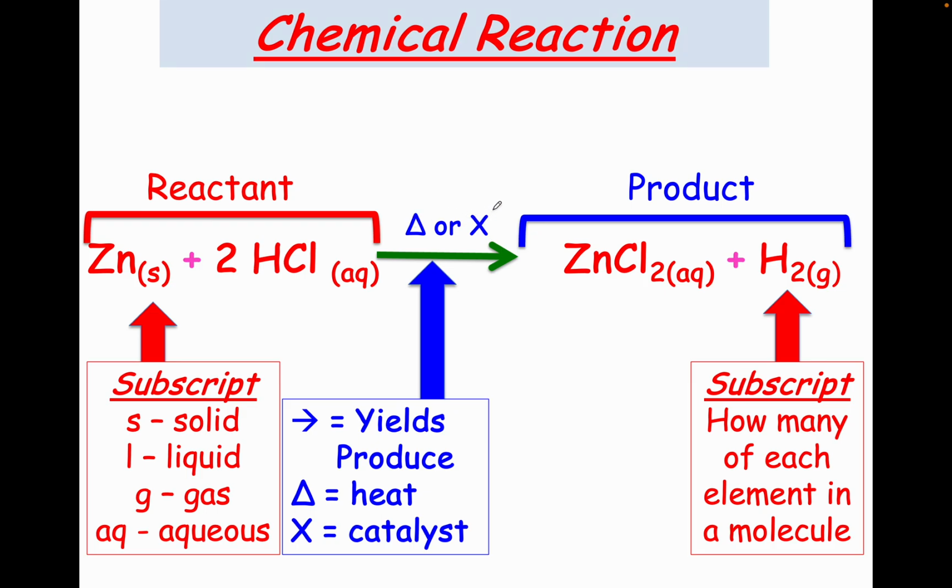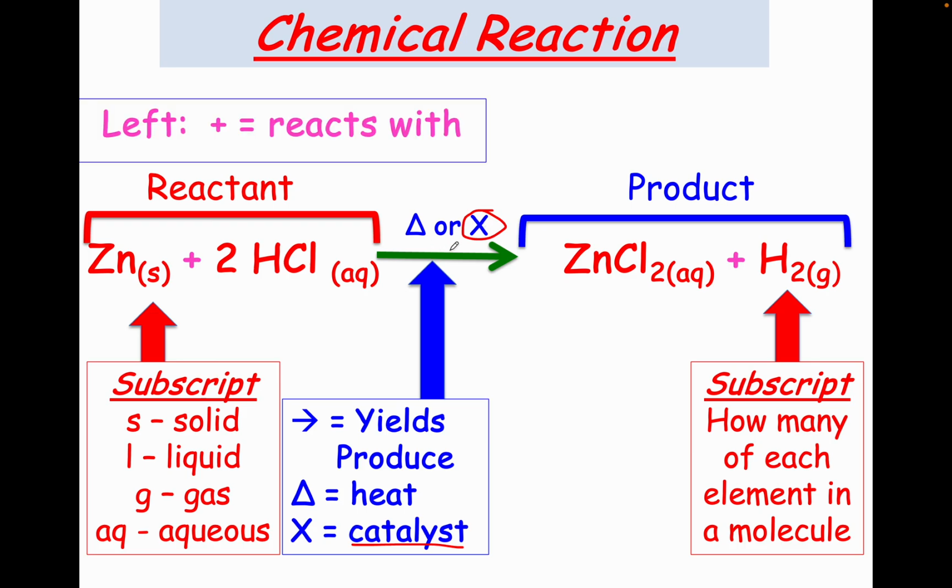Or if you have a chemical symbol, normally we won't write an X, but if you had a chemical formula, something like manganese dioxide or some kind of element, that is used as a catalyst. A catalyst is not actually used up in a reaction, so it doesn't belong on the left or the right side, so it does make sense to put it in the middle. The plus signs are just adding those things together, right? It means that they're combining with each other.